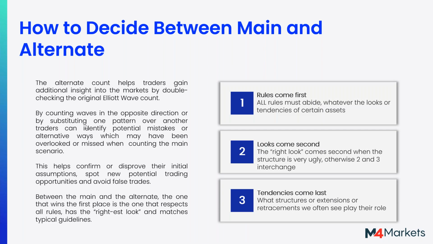So how to decide between main and alternate, you might ask? Well, as I said before, rules are very, very important, guys. This is number one priority, okay? Rules come first. Now, the looks come second. There is the guideline of the right look, which we didn't really speak about, but I mention it here because we just have to be careful of the characteristics and the structures.